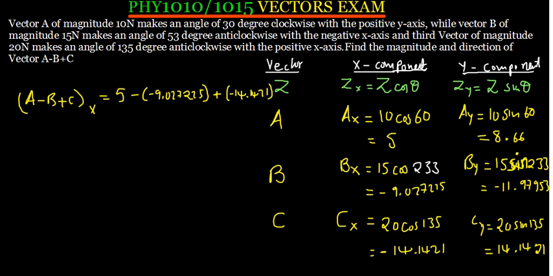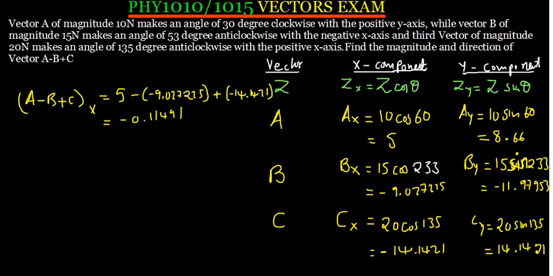Just write it the same way it has been given. So this is 5 minus negative 9, that will just be positive 9.027225, and then minus 14.